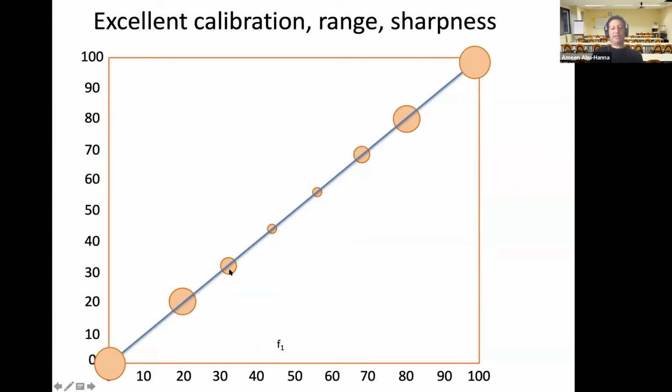And what are these circles? These circles are indicative of how many patients I have in every circle. So the bigger circle says I have many patients, and here I have very few patients. For example, for patients with very high probability to die, I have a big group of them, right? But here I have very few patients with probability around 50%. So it's just showing me the density.